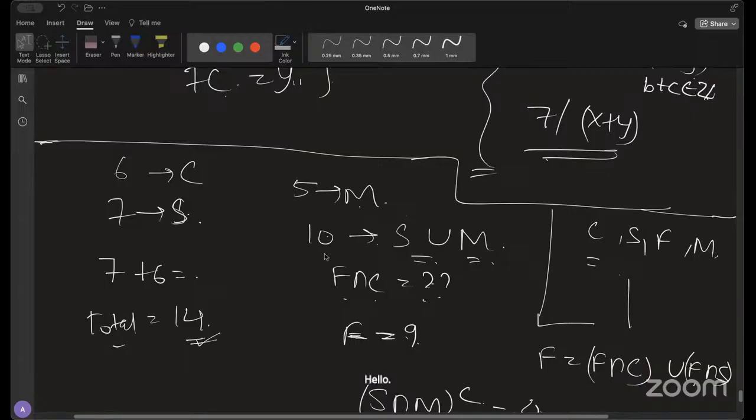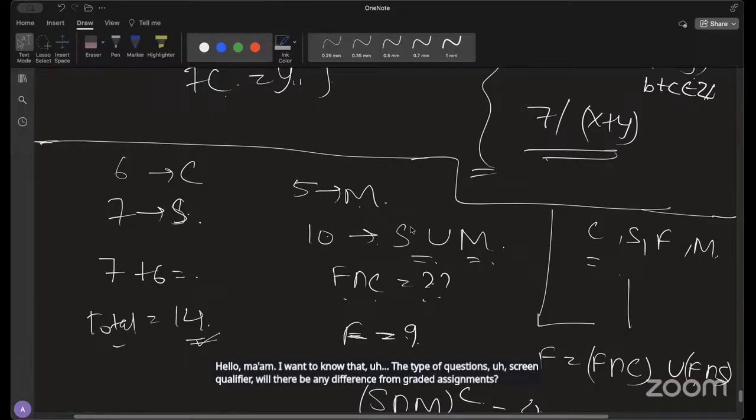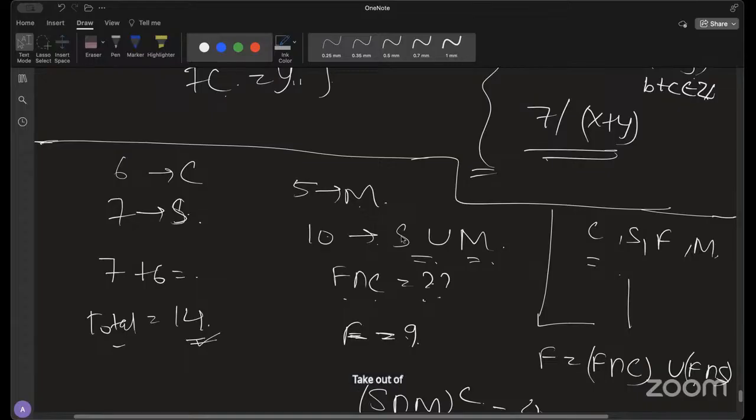Hello, ma'am. I want to know whether the type of questions asked in the qualifier will differ from the graded assignments. They would obviously not be the same as the graded assignment questions, but if you have been able to do the graded assignment questions and everything, then you will be able to do it in the exam.